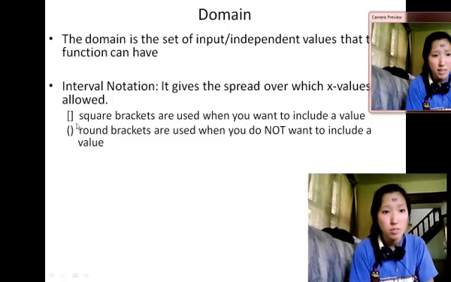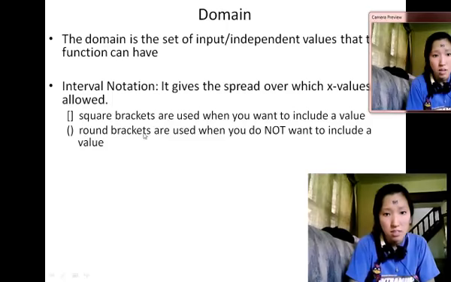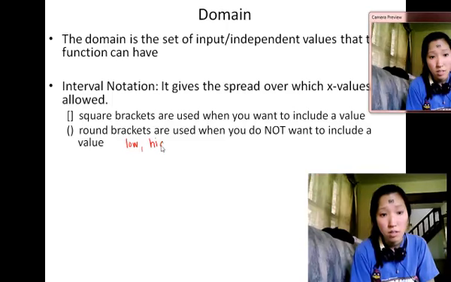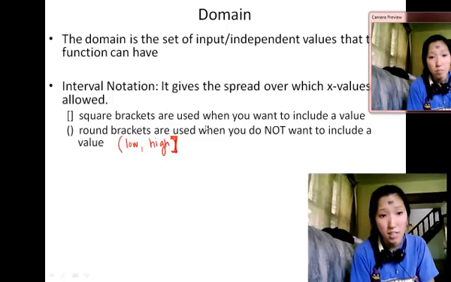And what we use is a set of these brackets. We're going to go from a low number to a high number, and then you're going to pick and choose which set of brackets to use. So it could be square brackets, it could be rounded brackets like I have here, it could be a combination where there's one square and one rounded bracket.